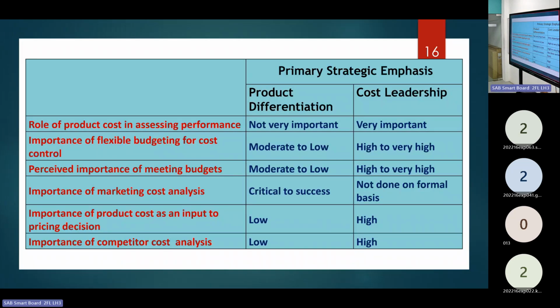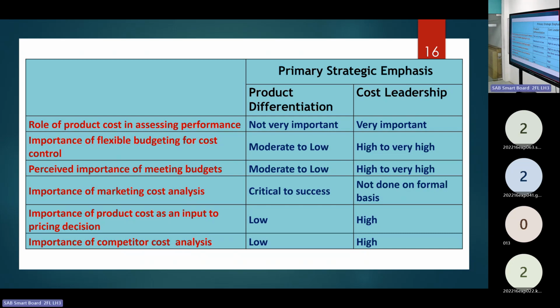So even the focus strategy ultimately has product differentiation and cost leadership. So primarily you can identify the two strategies, product differentiation and cost leadership. Right?